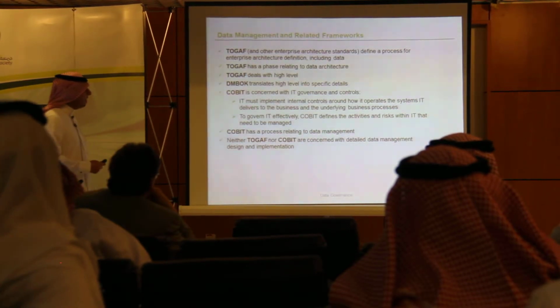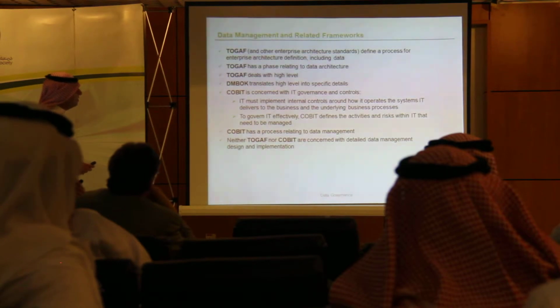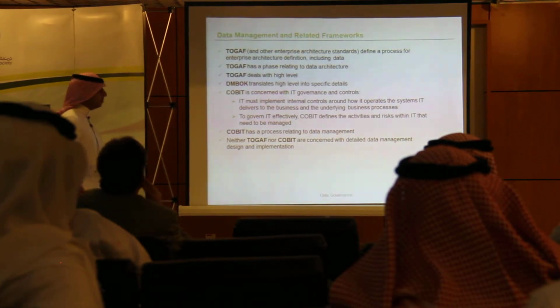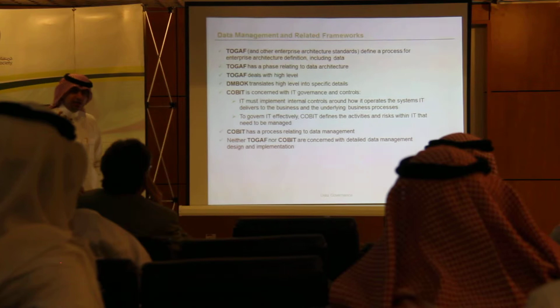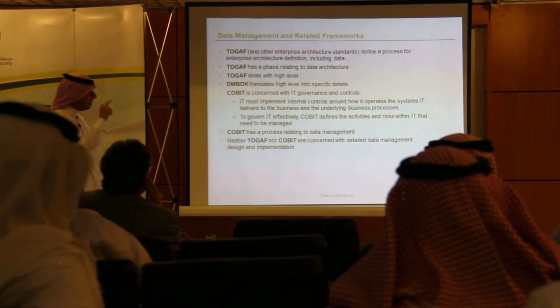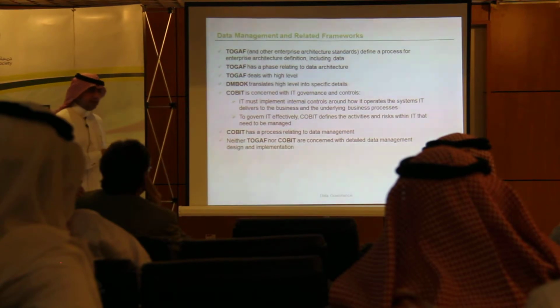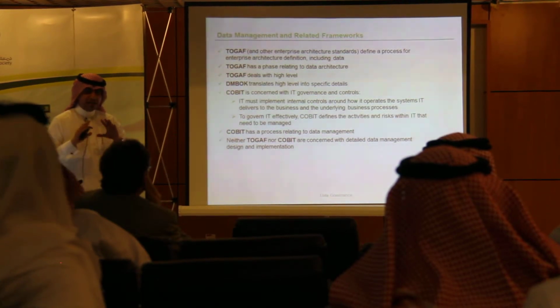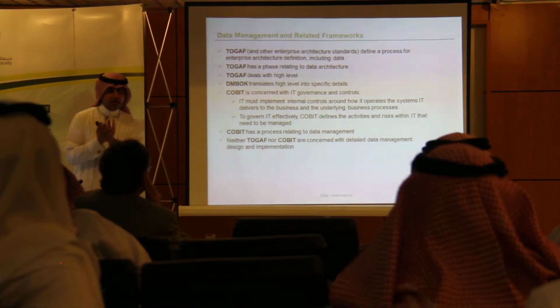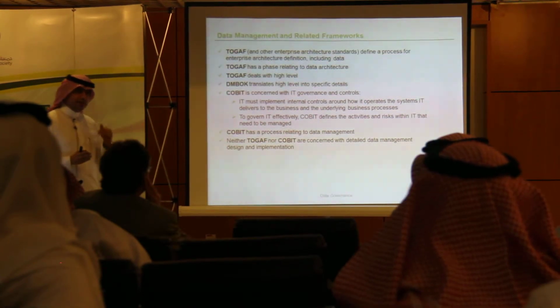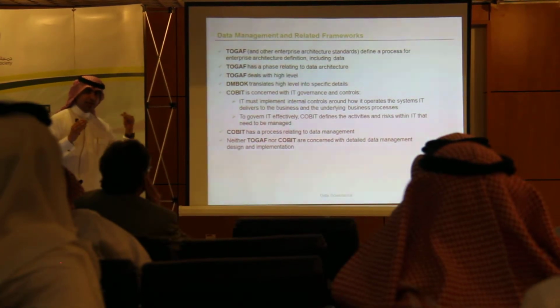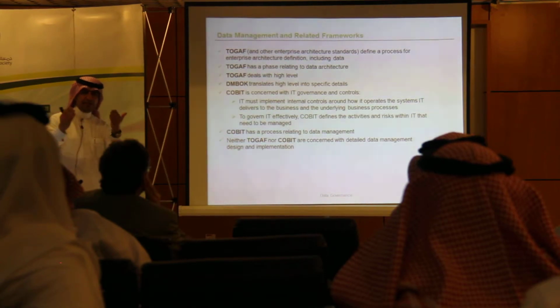TOGAF, on the other hand, defines a process for enterprise architecture definition including data. And we're going to see in the following slide where the data architecture activities occur within the framework. TOGAF gives you a high level, where the DMBOK can help you take that high level and break it down.